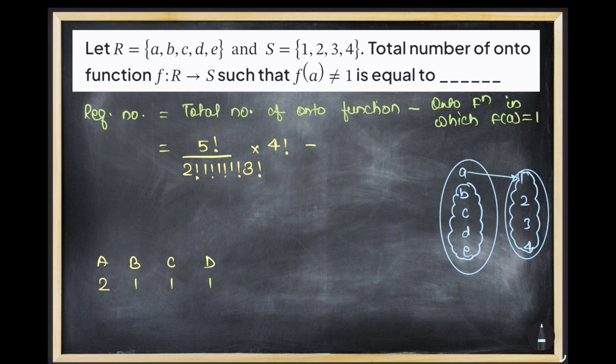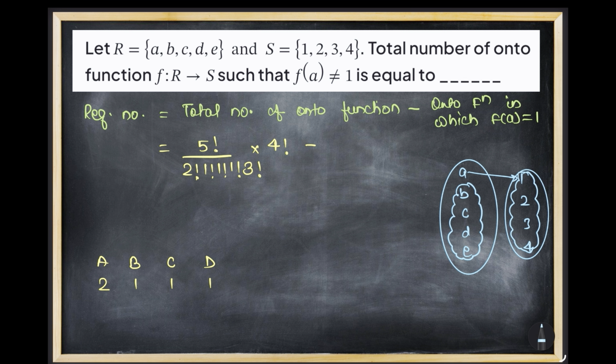Correct? So I'm talking about case number 1, where some people of this are connected with 1, and case 2, where no people are connected with 1. Okay, so look at here. From 4 things you have to connect 1.